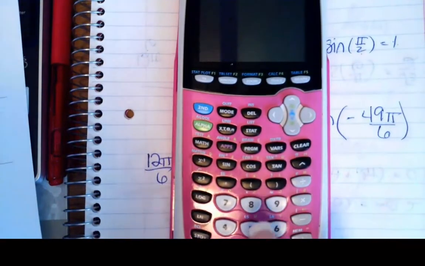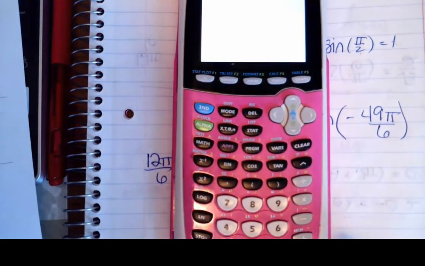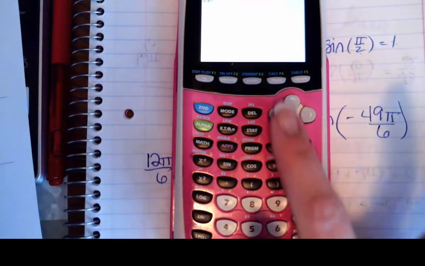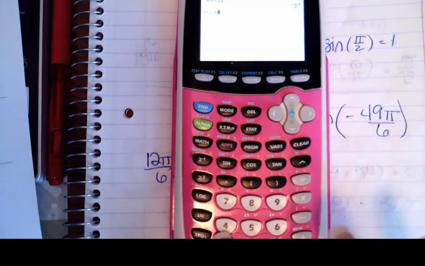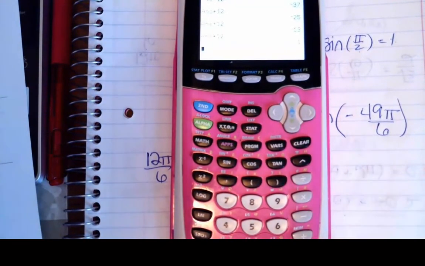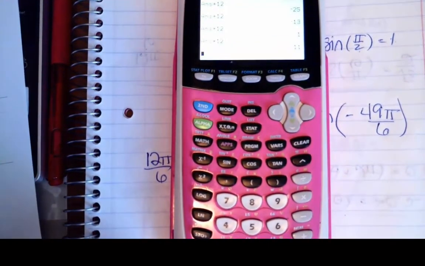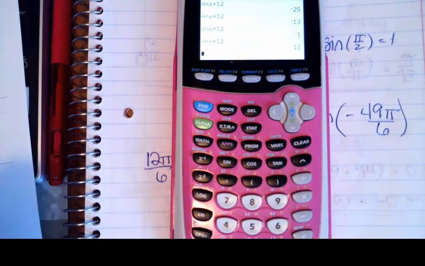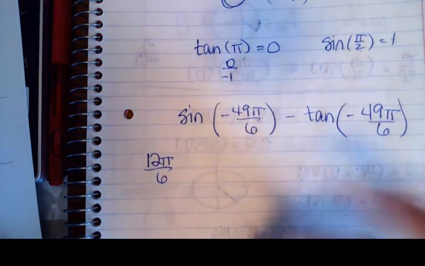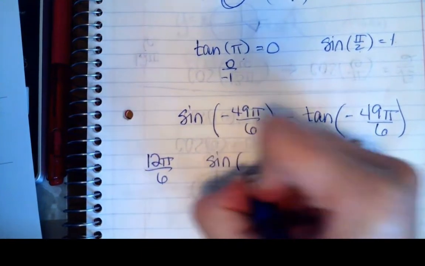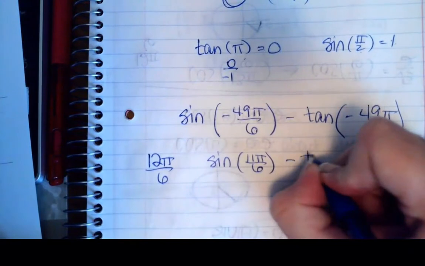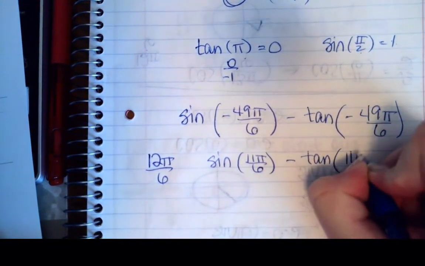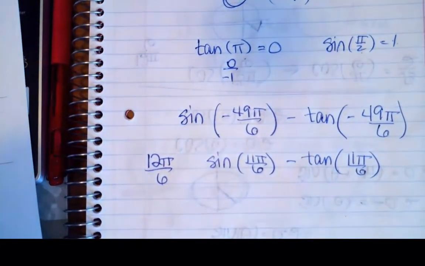So I can say -49 plus 12, plus 12, plus 12, plus 12, and I get 11. Okay, so 11 pi/6. So this thing is the same thing as the sine of 11 pi/6 minus the tangent of 11 pi/6.